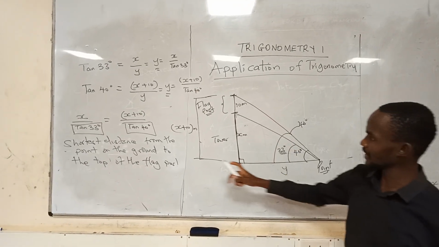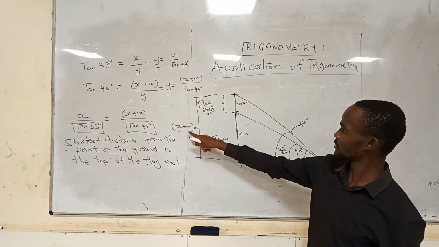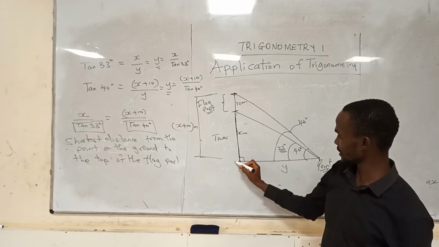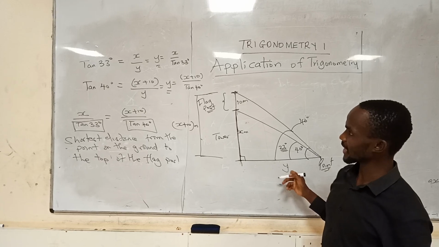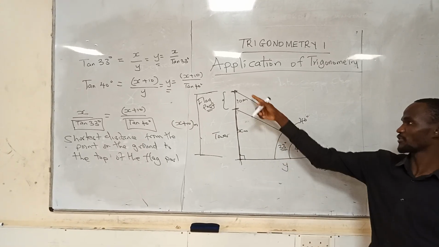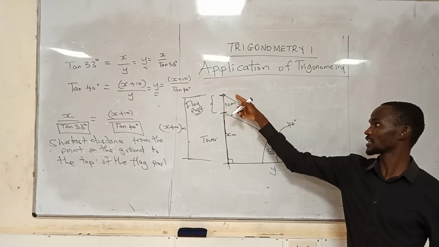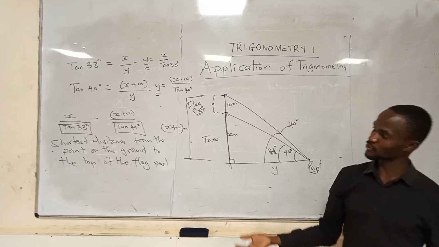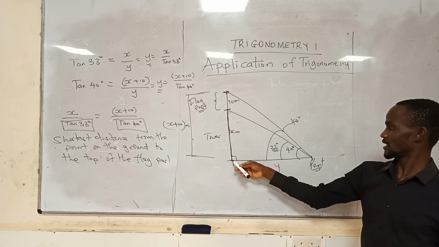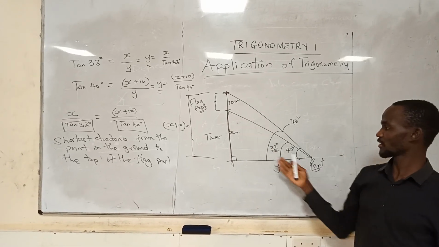Now if you've gotten the value of x here, you can substitute and get this value from here to here. Then you can go back and substitute to get the value of y, and then you can just use Pythagoras theorem to get this, or you can still use trigonometry because you'll be having this part and you have the angles there.